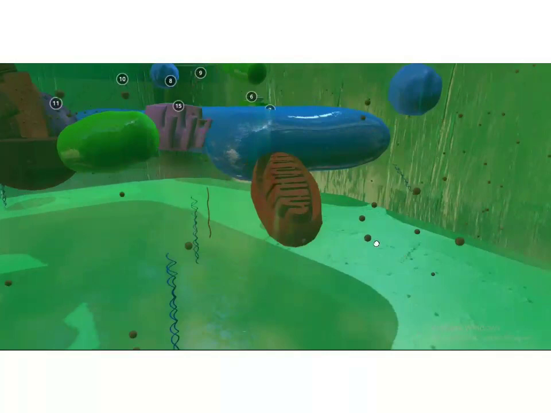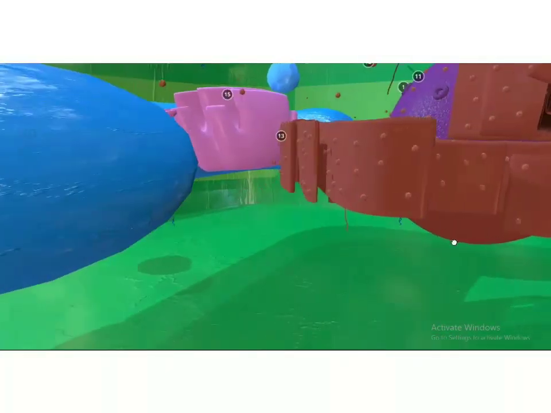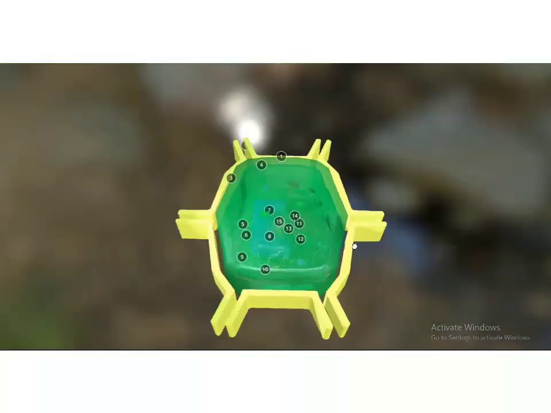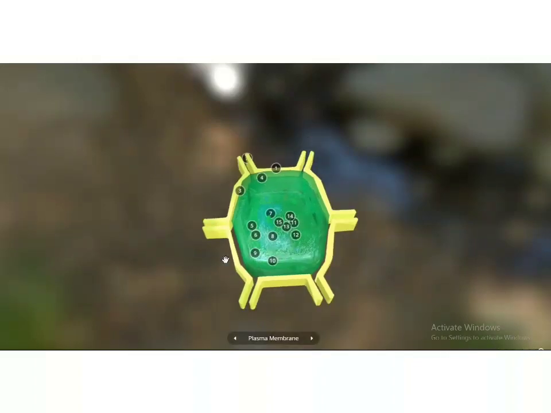For an animal cell, only the plasma membrane provides this protection. It also provides the shape of the cell, so it delimits the structure of a cell.